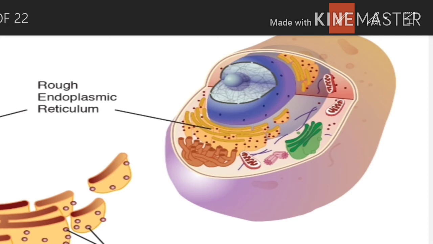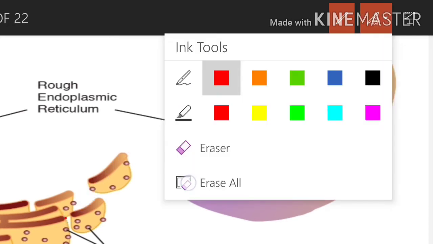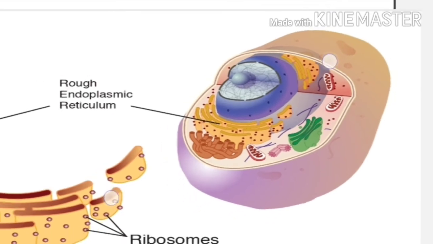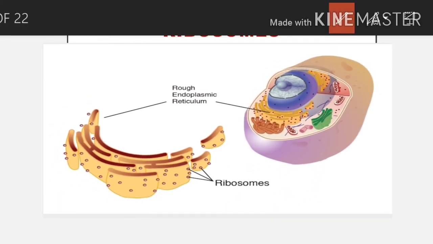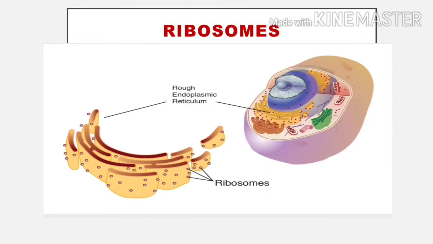The endoplasmic reticulum contains a large number of tubes and sheets. That means thin sheets are there. The endoplasmic reticulum may have some granule-like structures.